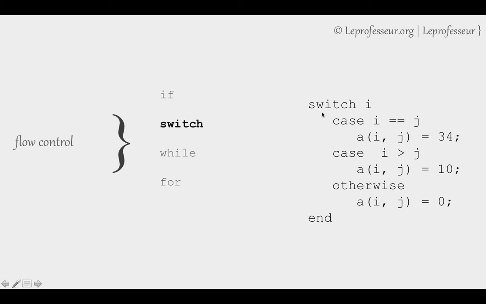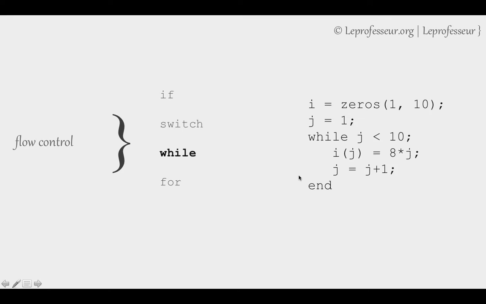So it's similar to the if statement. And when none of the cases are satisfied, by default, or here otherwise, aij becomes 0. So in C++ you use default, here you use otherwise.